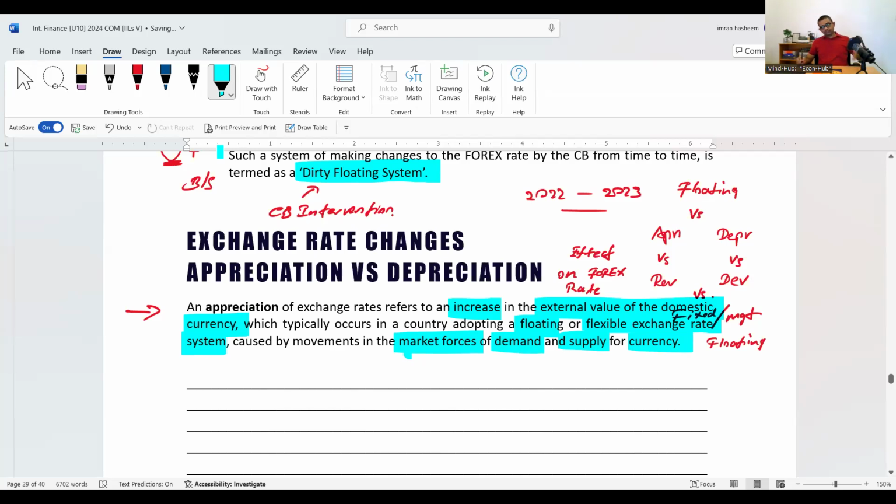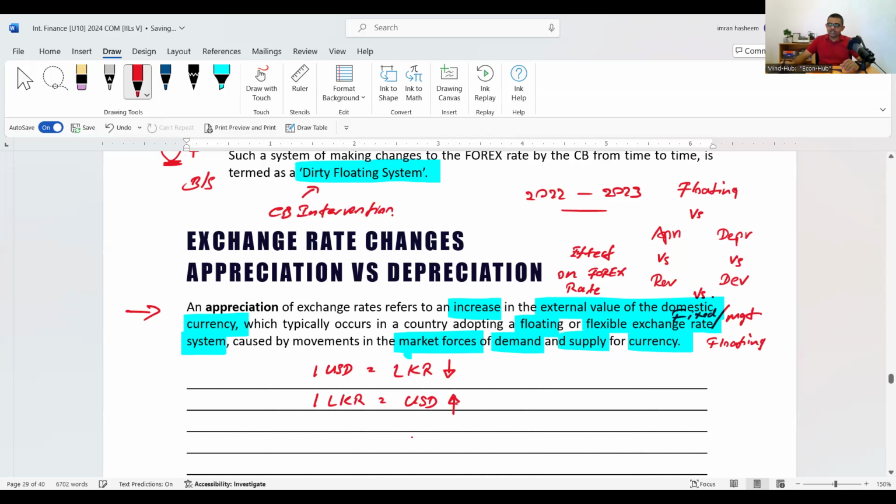Now, I just want to be clear. Increase in the external value of the rupee. What is that? The amount of rupees we have to pay to buy a dollar. For 1 USD equals LKR, the amount has to decrease. The amount of rupees decreases. For 1 LKR, the amount of USD foreign currency increases.